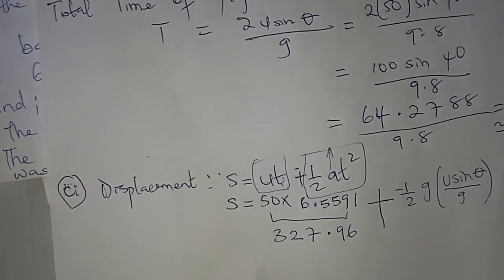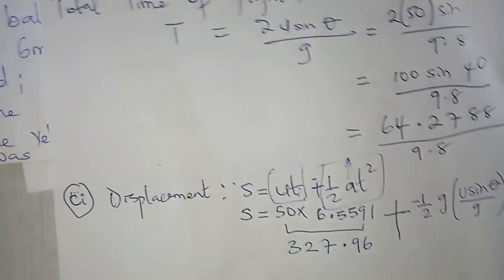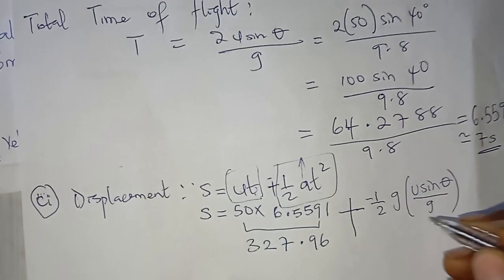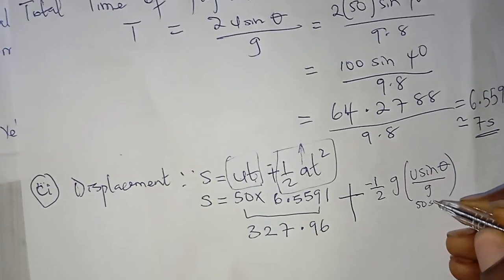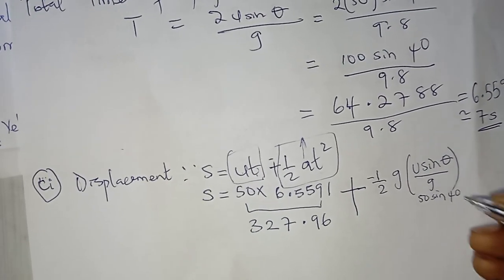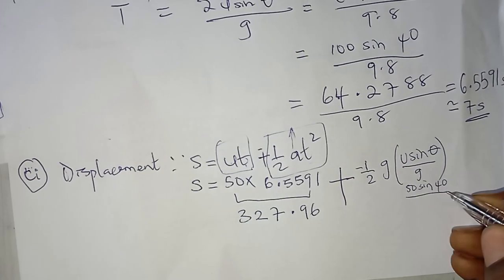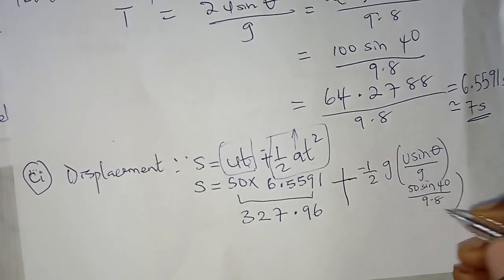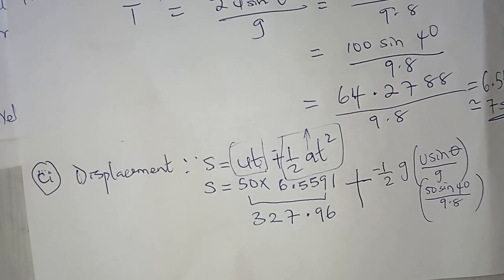So I now have, this is the same thing as saying 50 sine 40 all over 9.8. So let's punch it and see what we have.